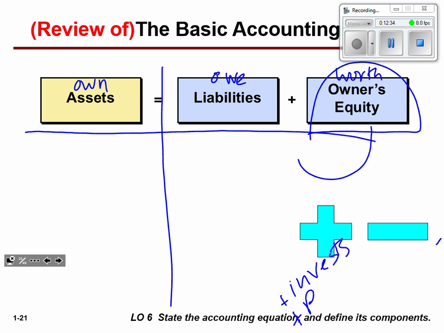There's also a plus when the business is making money, in other words, revenue. That's going to make the owner worth more too. So not only do we have this going on, assets minus liabilities, but if the owner infuses more money in, or if the business is doing well and they get revenue, that's going to make their owner's equity go up as well. There's two things that make the owner's equity go down, though.